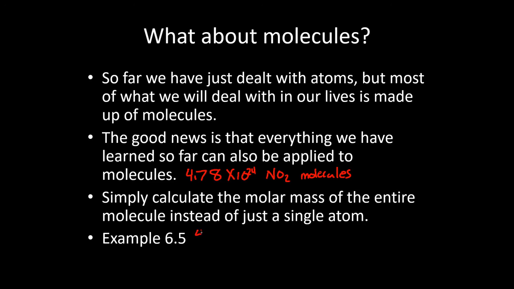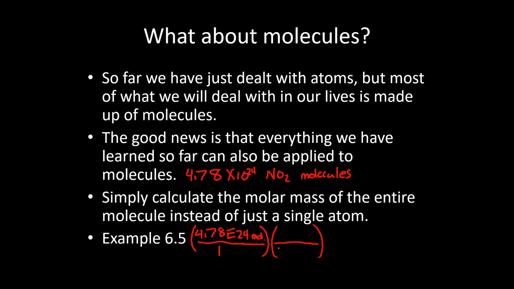So we have 4.78, and I'm going to put E24, so the E stands for times 10 raised to the 24th. So that is that many molecules. The first thing I'm going to do is use Avogadro's number to convert that into moles.